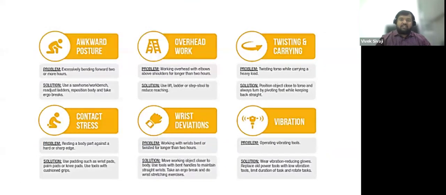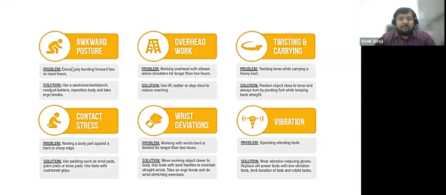Now, in the construction industry, some of the common issues, for example, awkward posture, when they have to excessively bend forward for 2 or more hours, right? There are solutions for it. Use a sawhorse workbench, readjust the ladders or reposition the body or take ergonomic breaks in between. Overhead work, working with elbows above shoulders for longer than 2 hours, that's gonna affect you a lot, right?